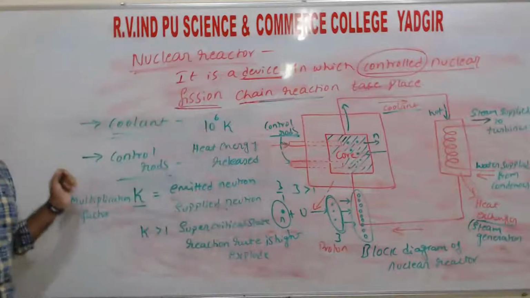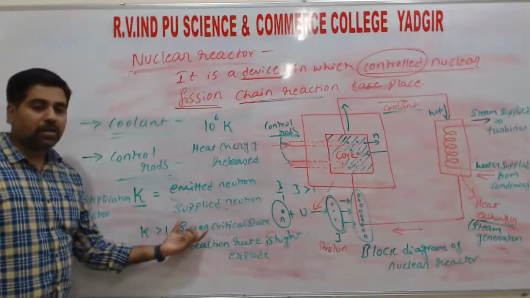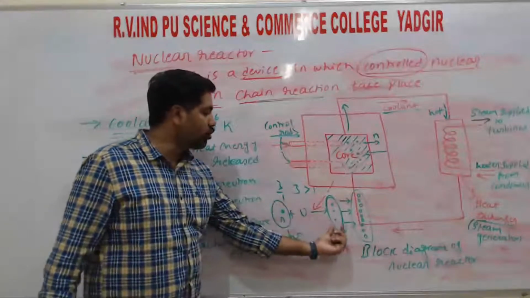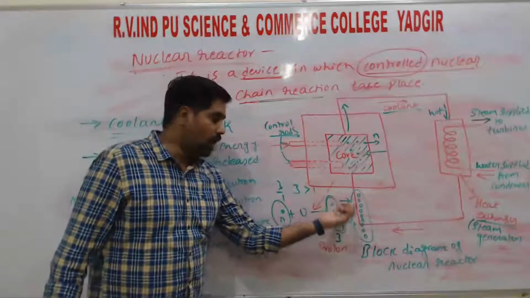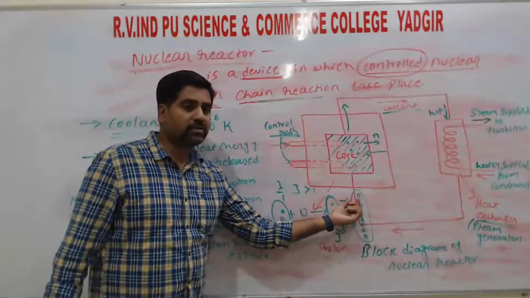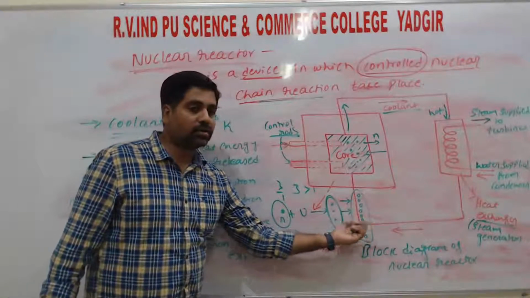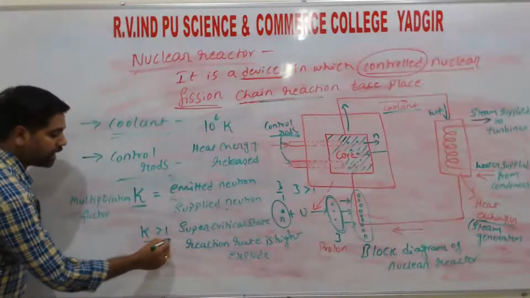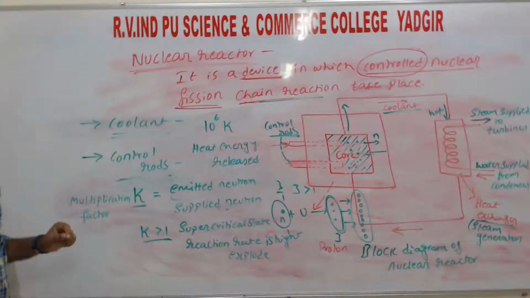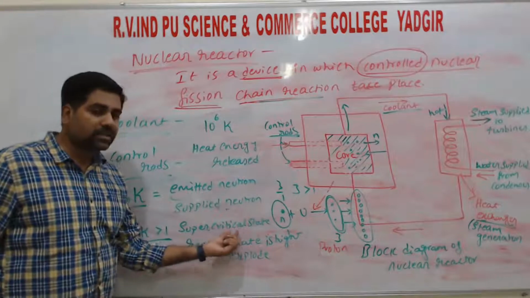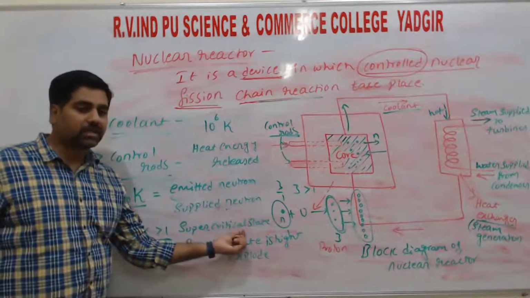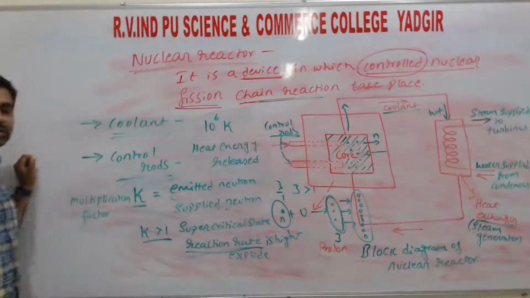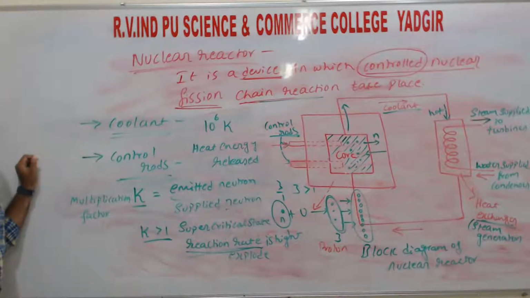That means an uncontrolled nuclear reaction takes place, because the 3 neutrons again bombard the nucleus, again we are getting 9 neutrons, right? So this continuously goes on. For that reason, when K is greater than 1, we call it the supercritical stage. In that, the reaction rate is high and the chances of an explosion are more, right?